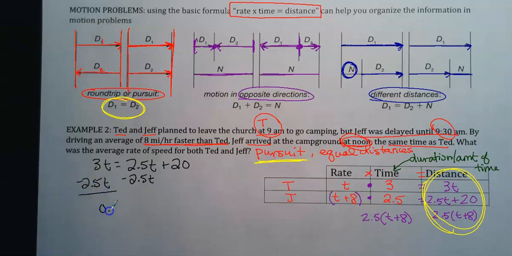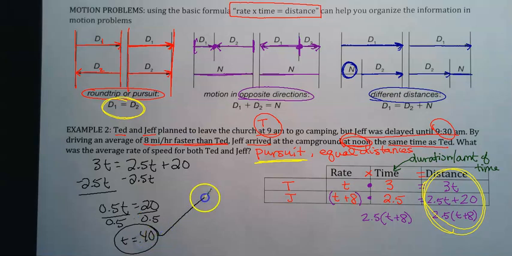All right, so we're going to subtract 2.5t from both sides. And we're going to get 0.5t equals 20. Divide by a half. Okay, so 20 divided by a half equals 40. So that's helpful. But we have to take this amount and put it back in here to find our rates.